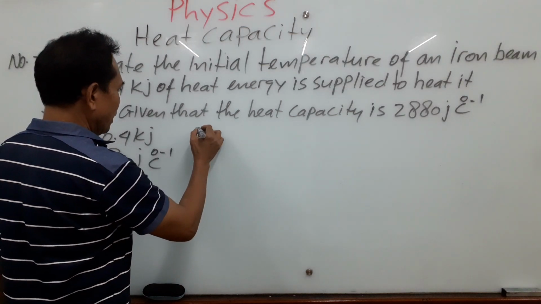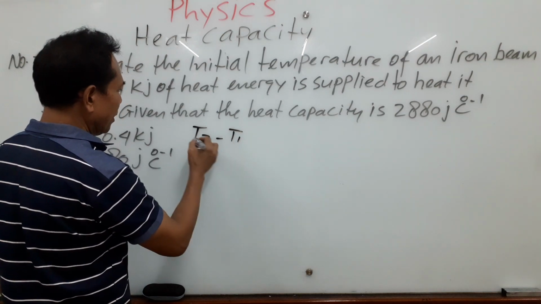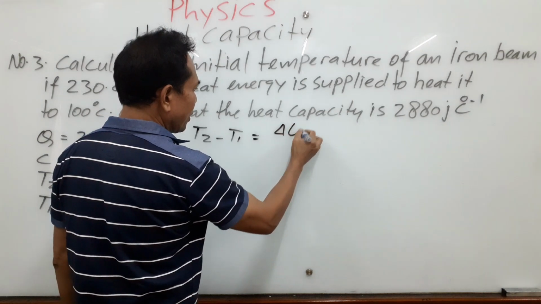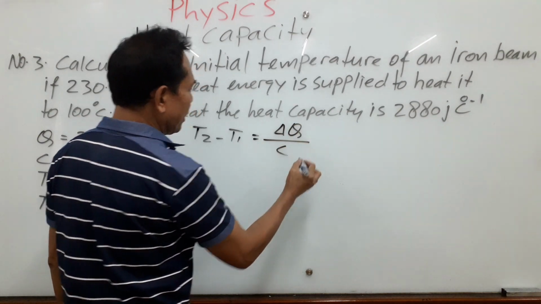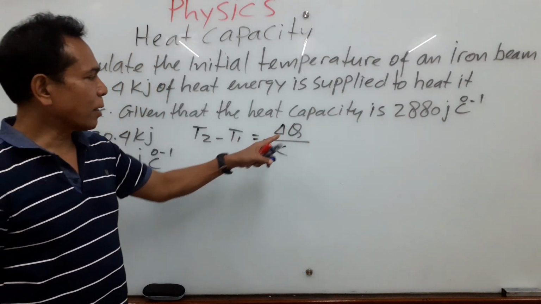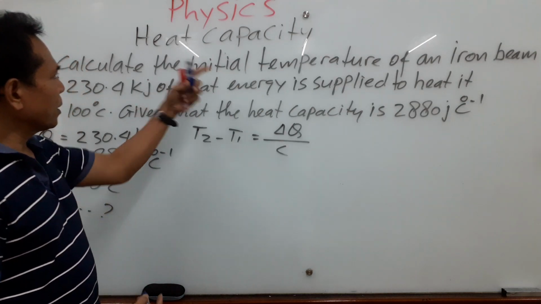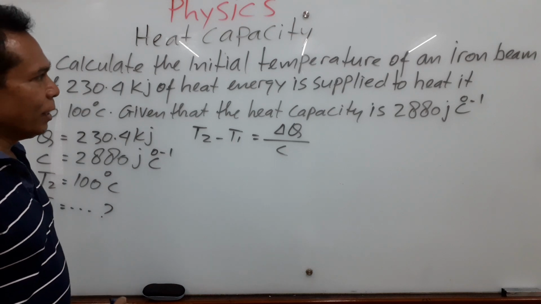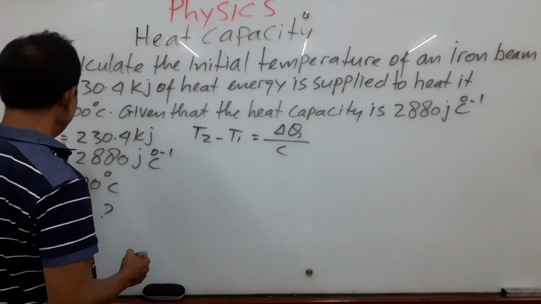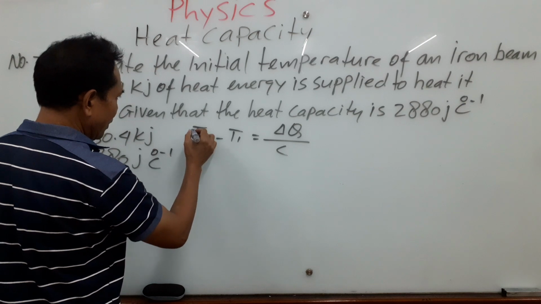So we have T2 minus T1 equals delta Q over C. We use this formula to help us solve this question. We know that T2 is 100 degrees Celsius, so we can put this in the bracket.